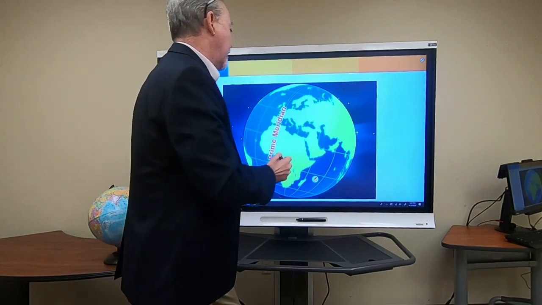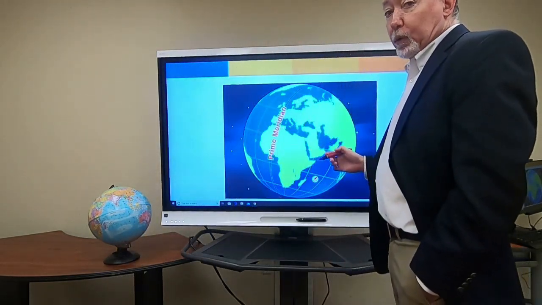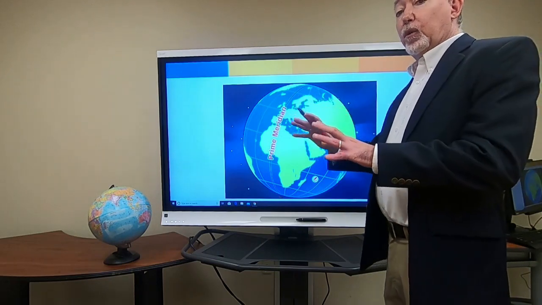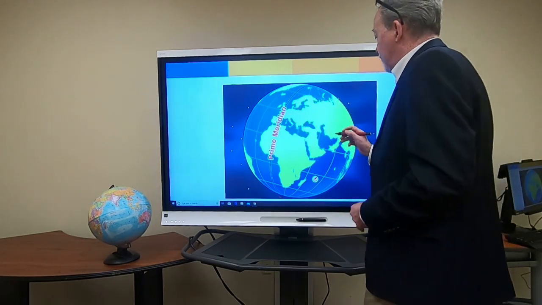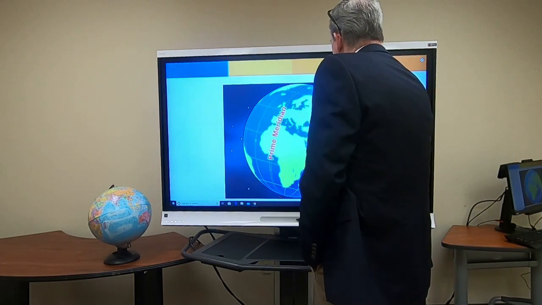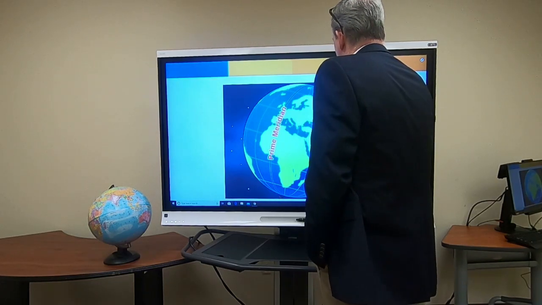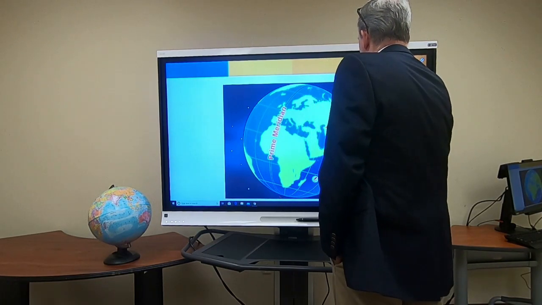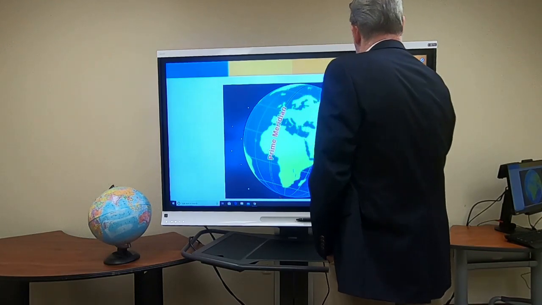In fact, if you go east of the prime meridian, you enter into a very specific part of the world. Let me draw this. I'm going to put a big arrow here. Make sure everybody can see this. There's my arrow.